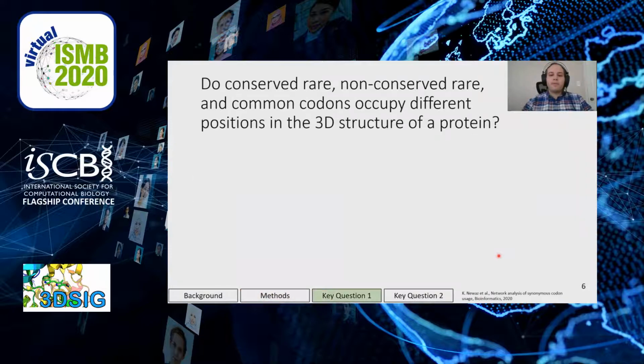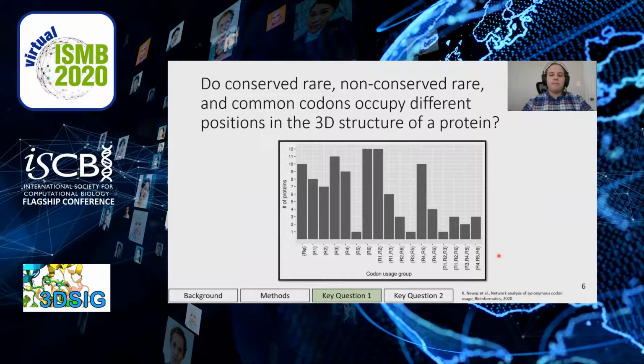With our proteins thus organized into protein groups that each show a given codon usage trend, we can answer our first question. Do conserved rare, non-conserved rare, and common codons occupy different positions in the 3D structure of a protein? In total, we have 17 different codon usage groups, where all proteins in a group have the same relationships. In this figure, the y-axis is the number of proteins that are in the x-axis, the particular codon usage group.